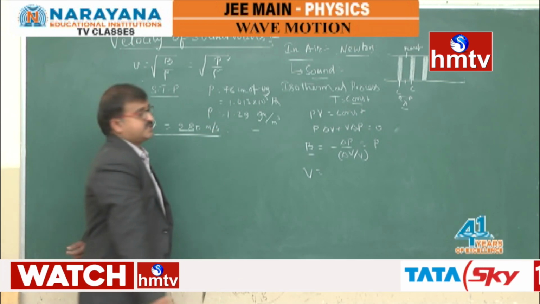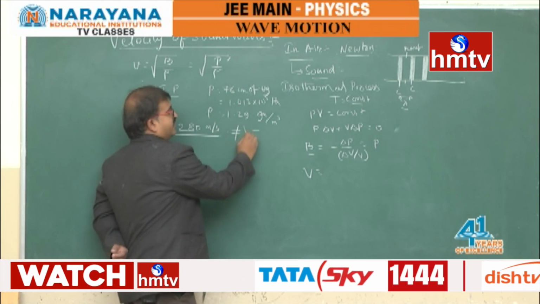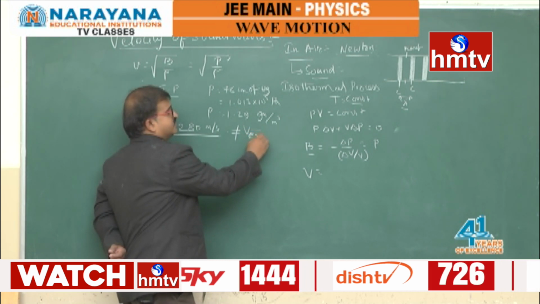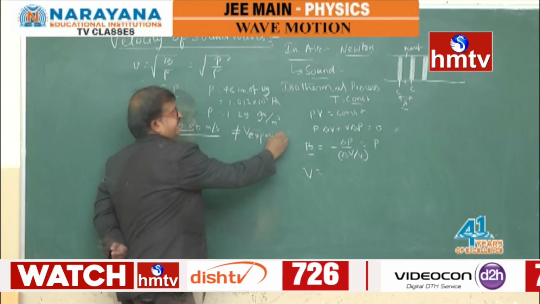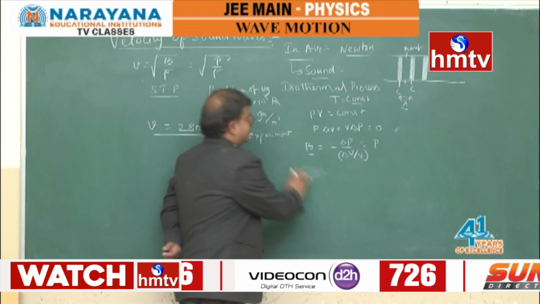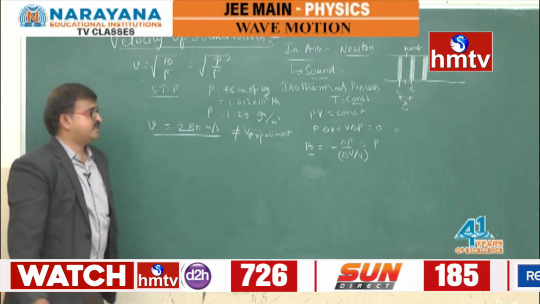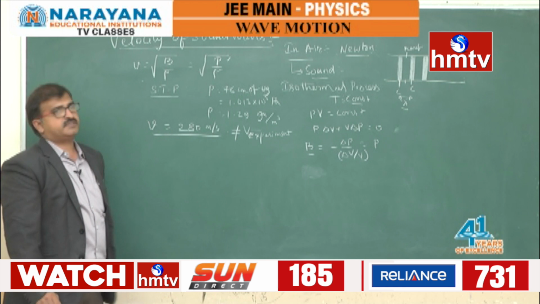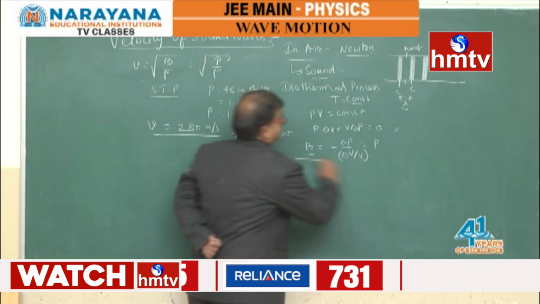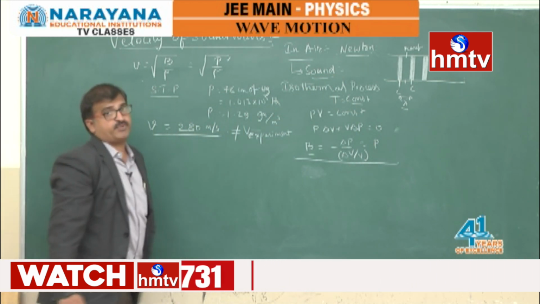This is not equal to the velocity they found experimentally. So the V value found experimentally is not equal to this 280. So what's wrong with Newton's approach?